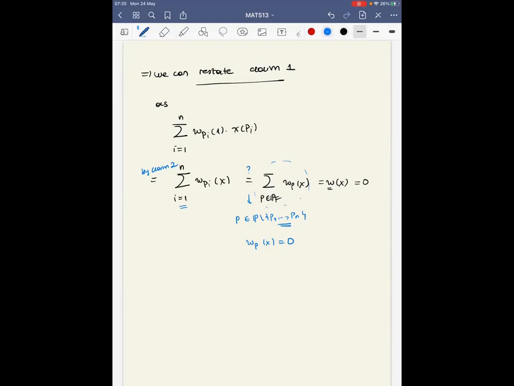So let me write it as this equation by claim 3. And our purpose is to see that for any places which are different from Pi, we have this equality.